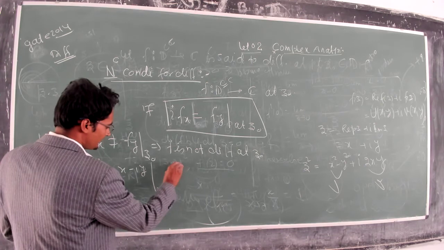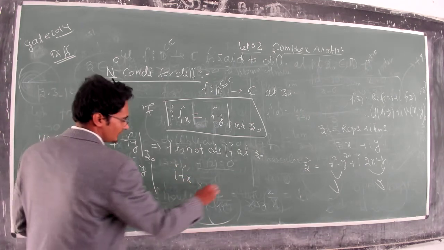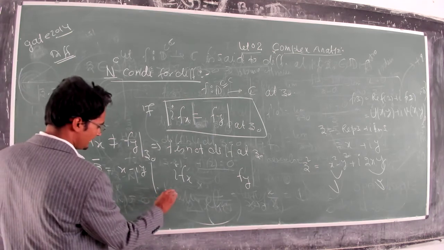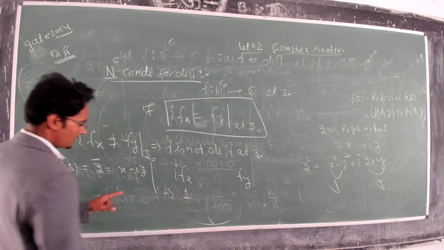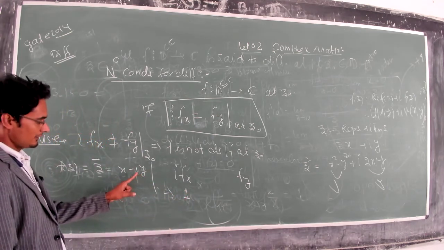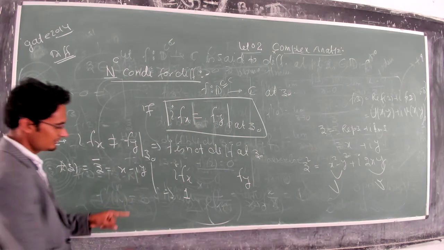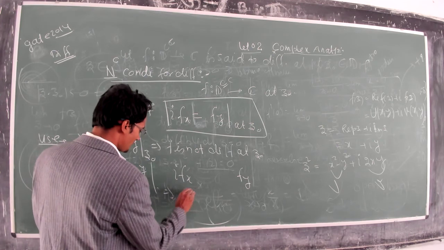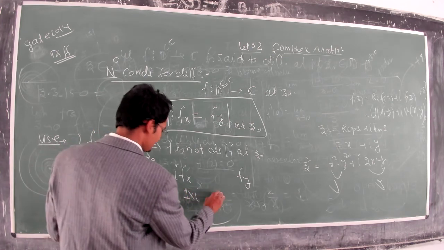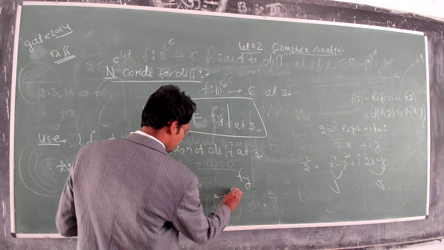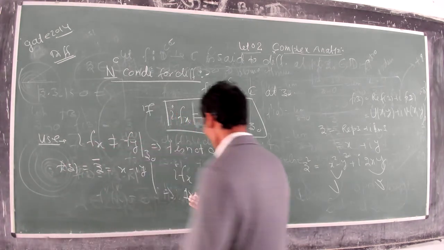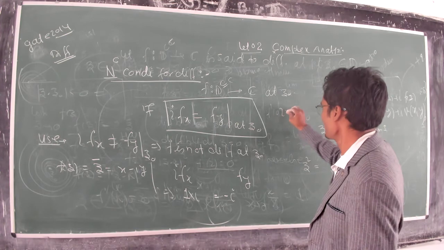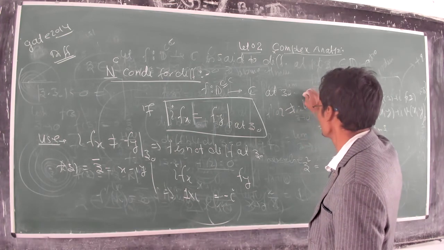Tell me iota f_x and f_y. f_x will be 1, correct? And f_y will be minus iota. So iota cannot be minus iota.